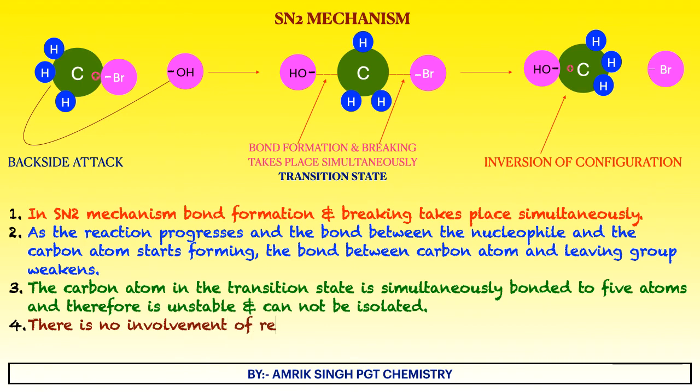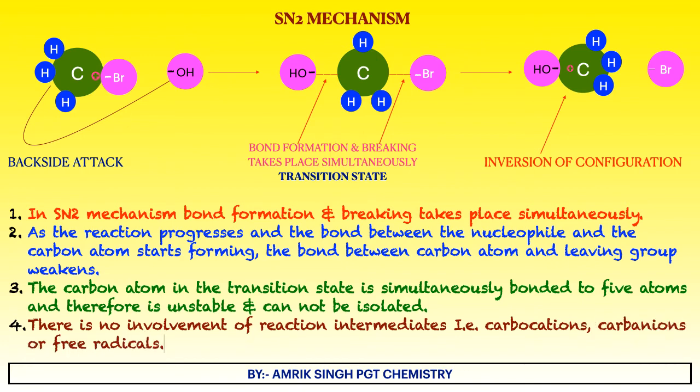There is no involvement of reaction intermediates, that is carbocations, carbanions, or free radicals, in this reaction. Backside attack is the main point we have to remember for the SN2 mechanism: bond formation and breaking take place simultaneously and inversion of configuration occurs.